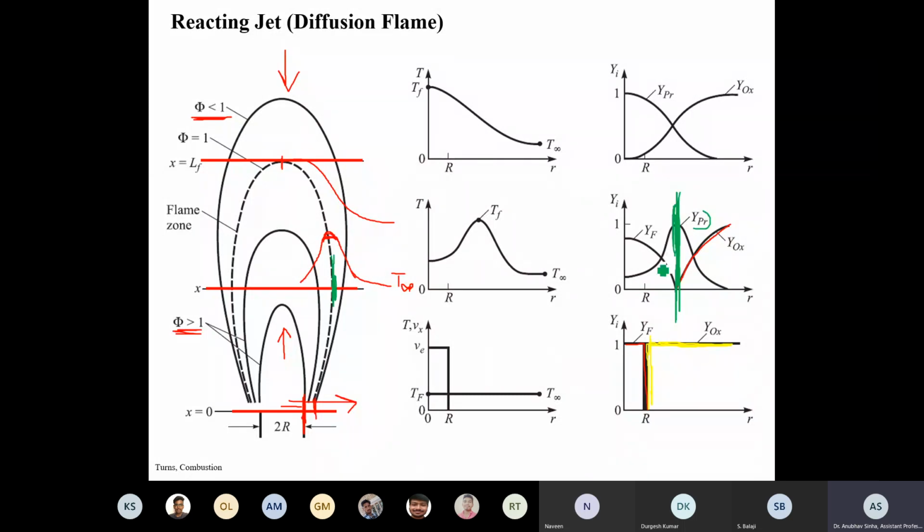Now talking about fuel. This is a gas jet, so ideally it should have YF equal to 1, right? But this product has also diffused inside, so that will bring it down. If we neglect this product, then it should be YF equal to 1.